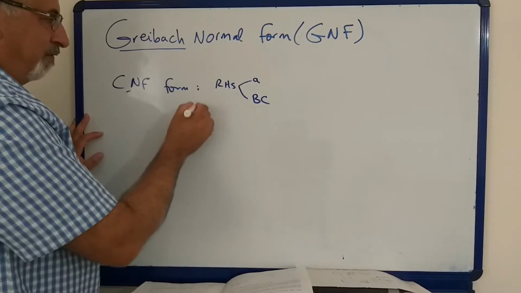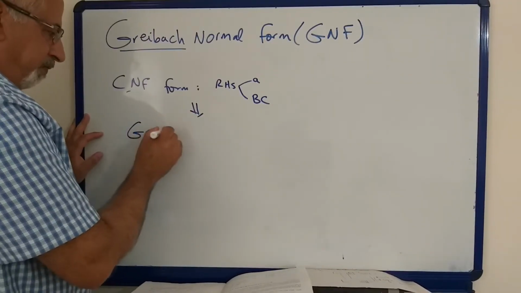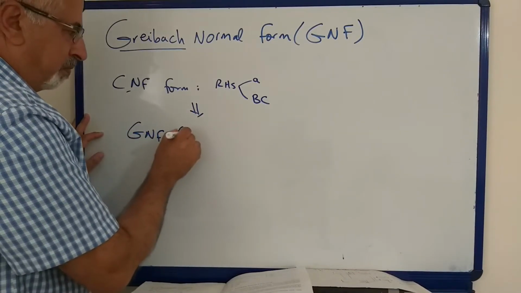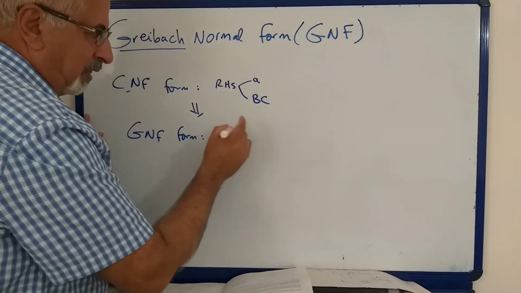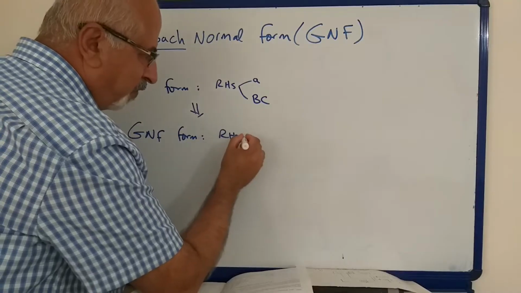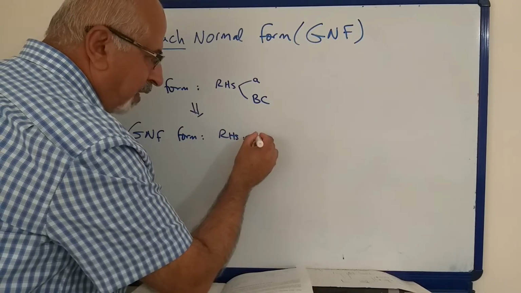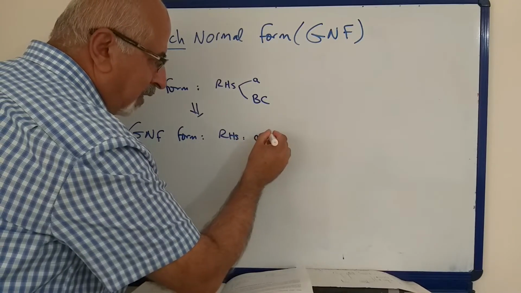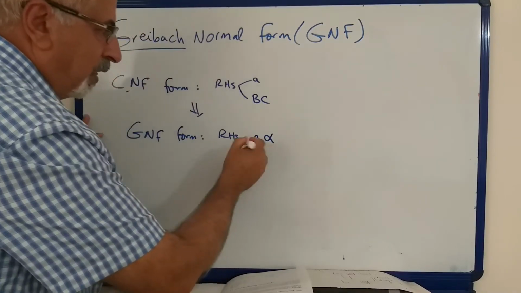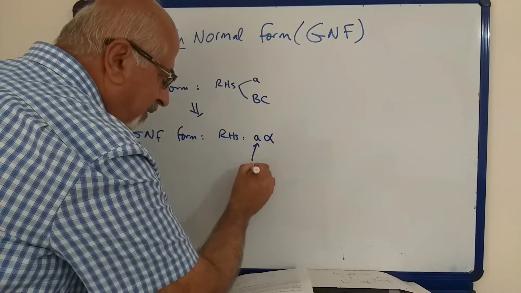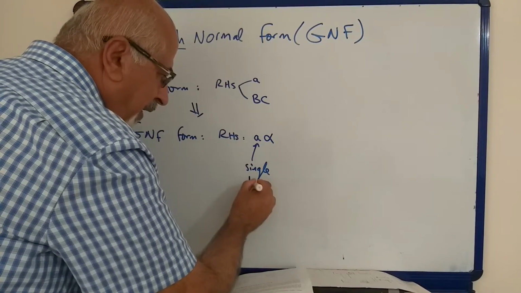This is CNF. Now, in GNF form, the right-hand side is this form: a single terminal followed by alpha.